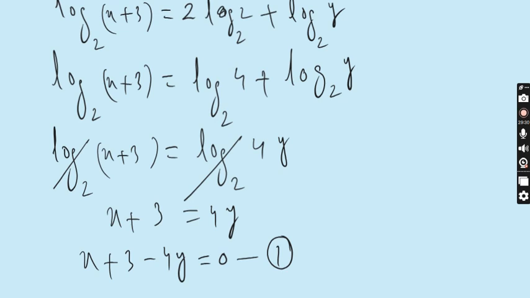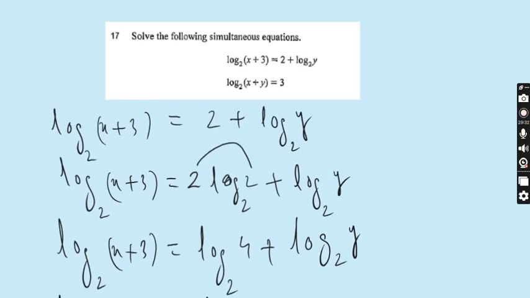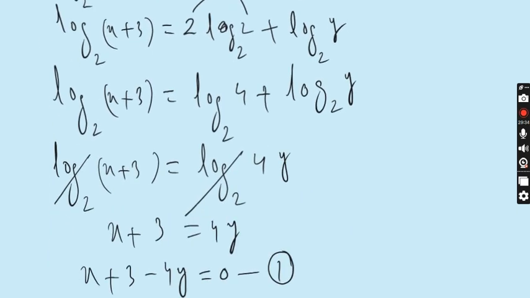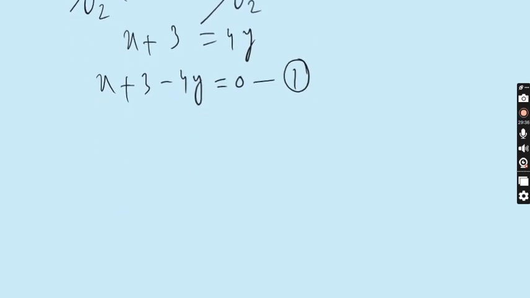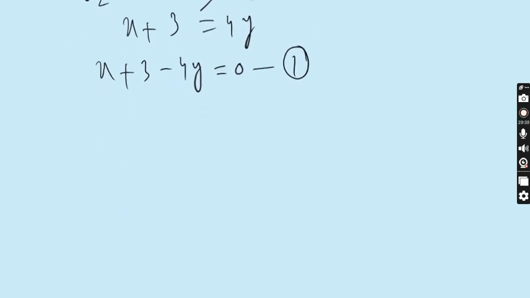Taking the second logarithmic equation, that is log base 2 of (x plus y) is equal to 3.